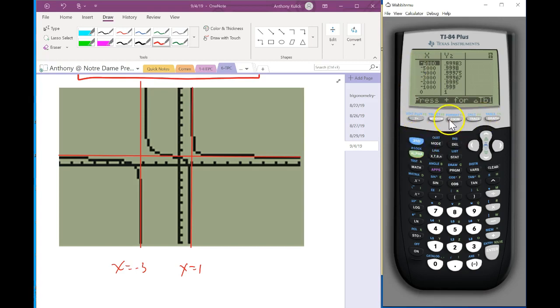And then to check the other end, I'm going to do the same thing. So I'm going to press second and window to go to the table set. And this time, we're going to start it at, say, +1,000, and see what we see. So second and graph. And you'll see that, again, everything is on the other side of the number 1.